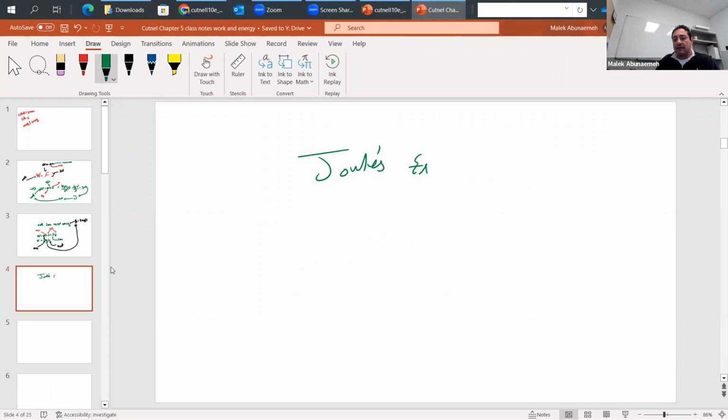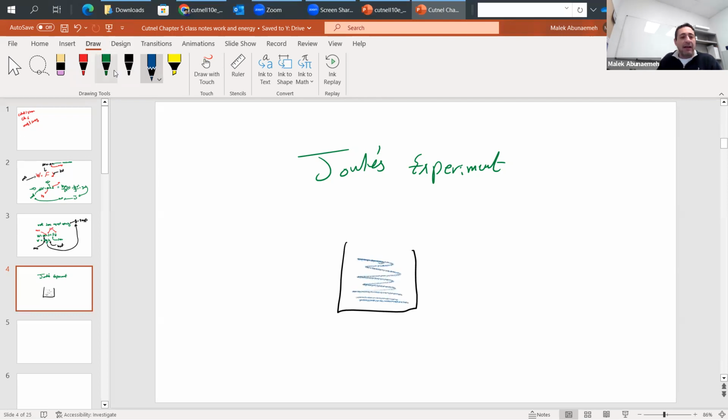Joule's experiment. So he had a container that had water in it. And in there, he had a paddle, or you could say a paddle wheel. So let's say the paddle is over here.